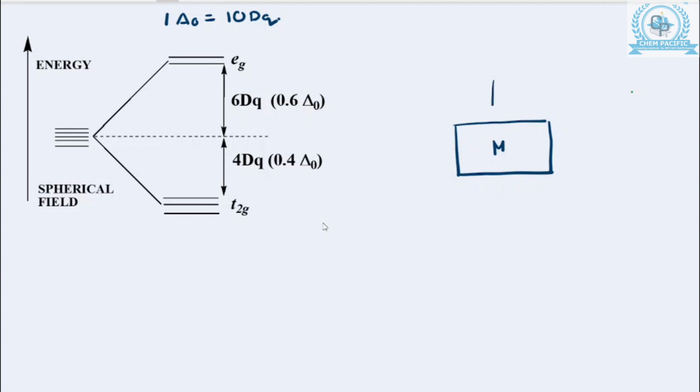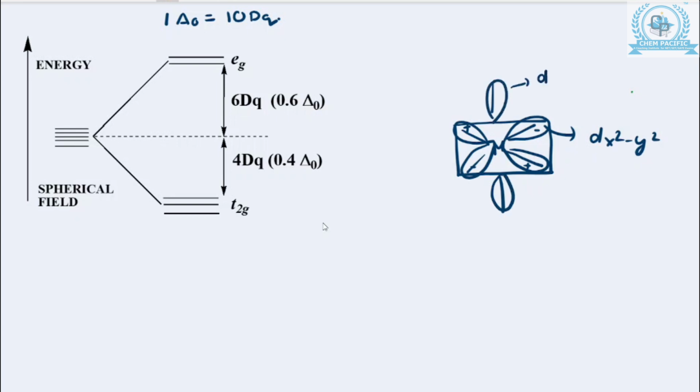Complex formation has not happened yet, but here you know that if this is the x and y axis, it consists of this orbital, the dx square minus y square, and there is an orbital along the z axis, this is dz square.